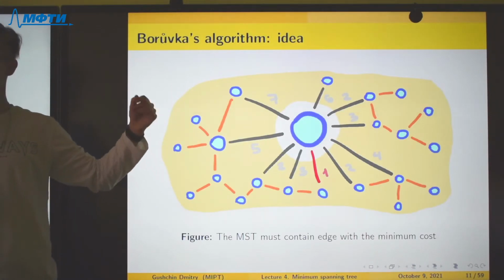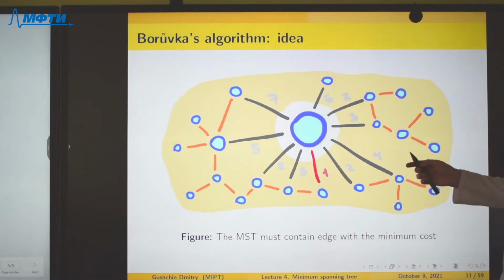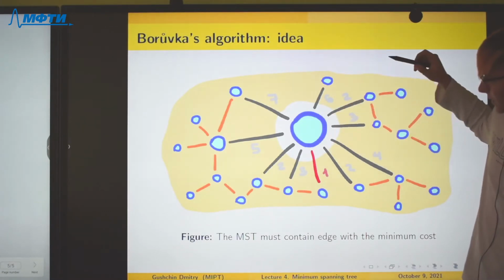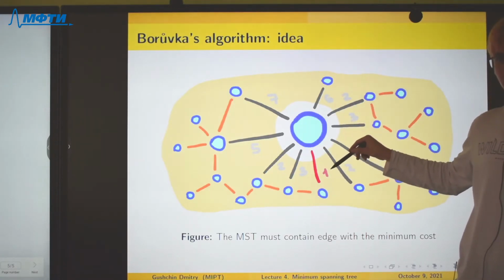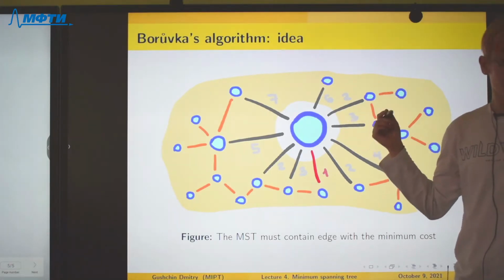If we take the edge that connects to this vertex and has minimum weight, it must be in some minimal spanning tree.